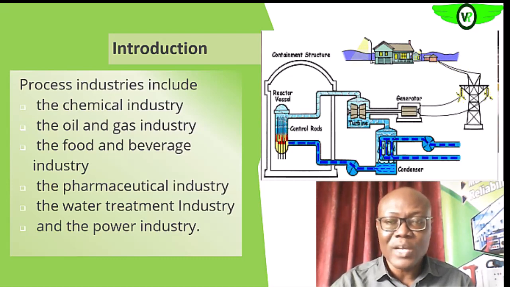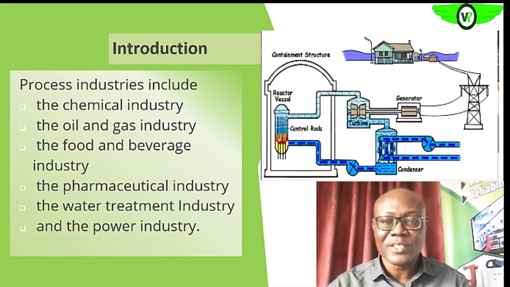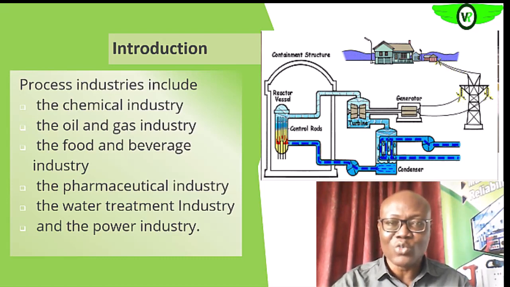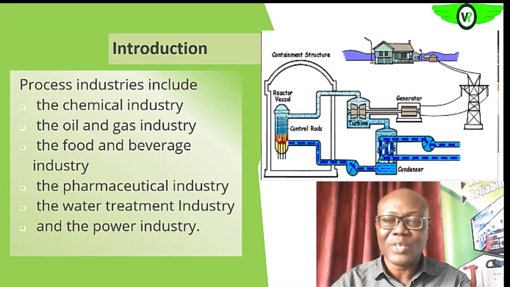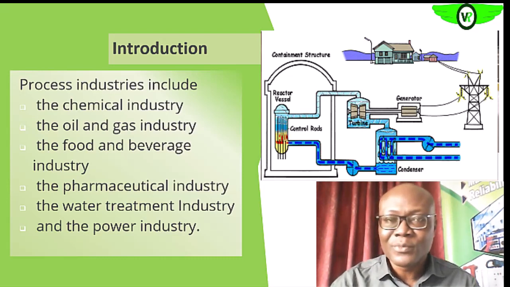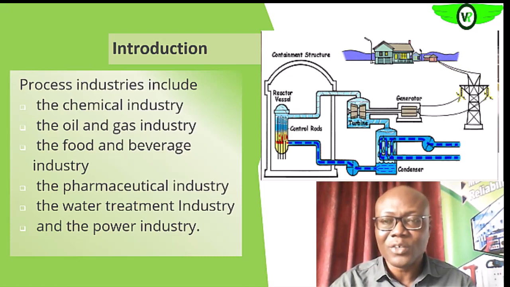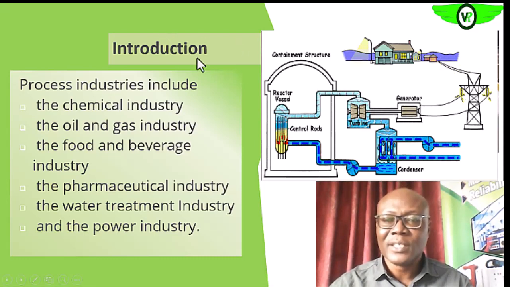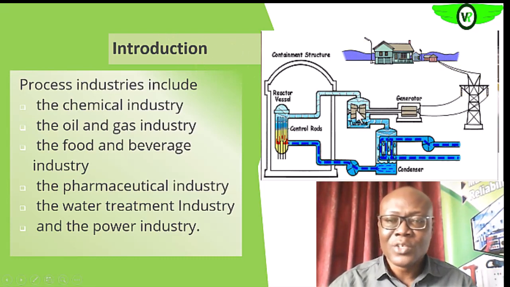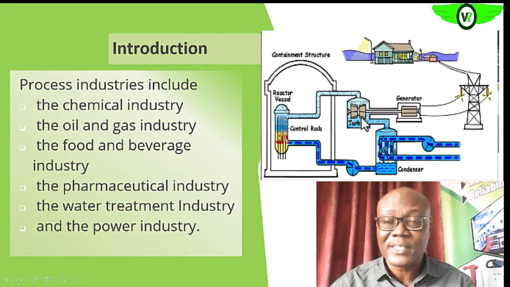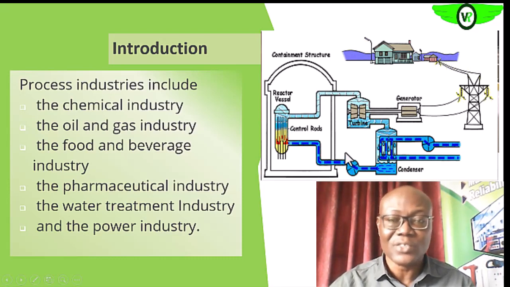If you look at all of these series of processes, there are some variables, as we will see later, that we need to control in order to get the desired level of voltage or power out of the power station. Part of the process is also the condensation of that steam back to water in the condenser, and then it is recycled back.